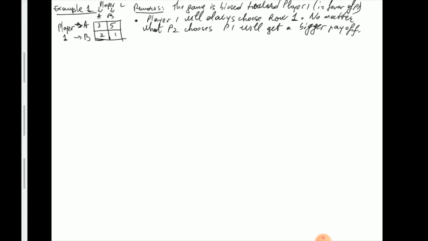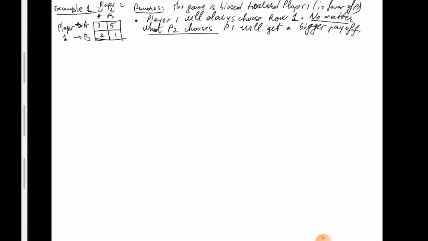By choosing row 2, player 1 will get $2 or $1, but both of them are worse than choosing row 1. There is absolutely no reason for player 1 not to choose row 1. So no matter what player 2 chooses, it's in the interest of player 1 to always choose row 1, because that's going to give him the biggest payoff.